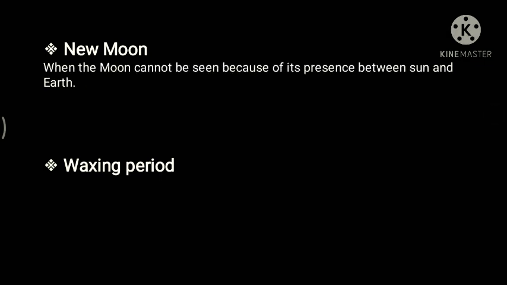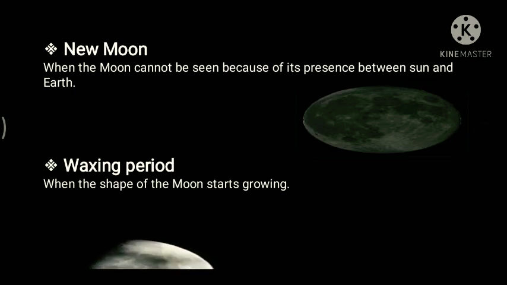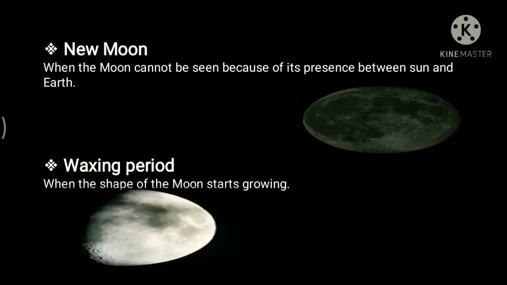We have already read that the moon takes 28 days and 8 hours to revolve around Earth. Because of that, the shape of the moon grows during one half of this period and reduces during the other half. Likewise, first of all we have the new moon.